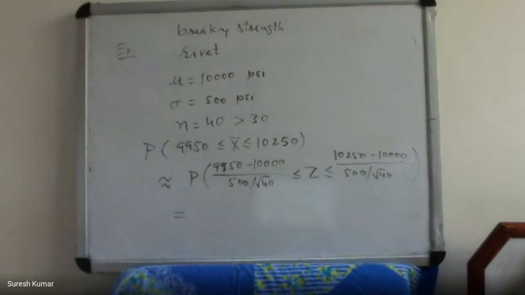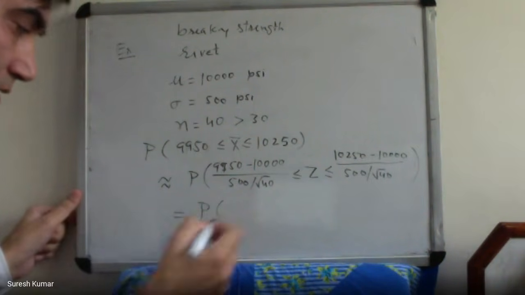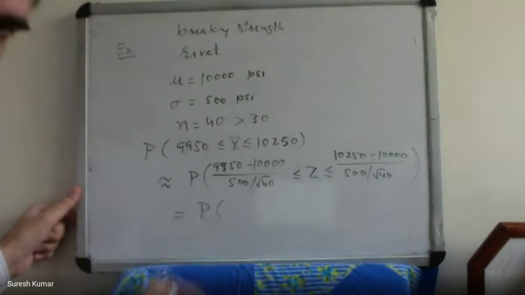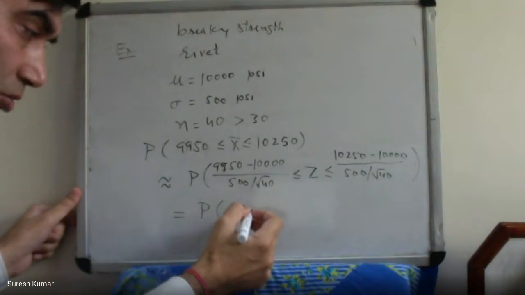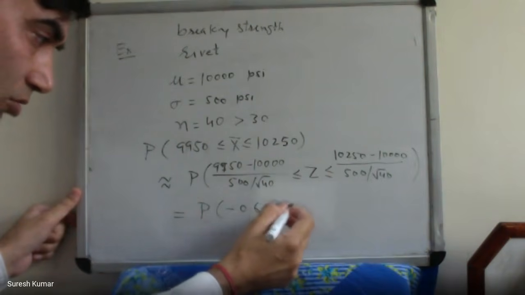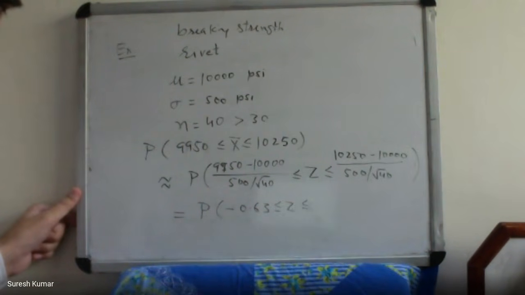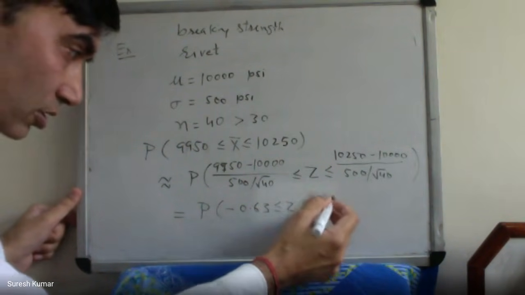Now simplify it further. You should get minus 0.63 less than or equal to z less than or equal to 3.16.